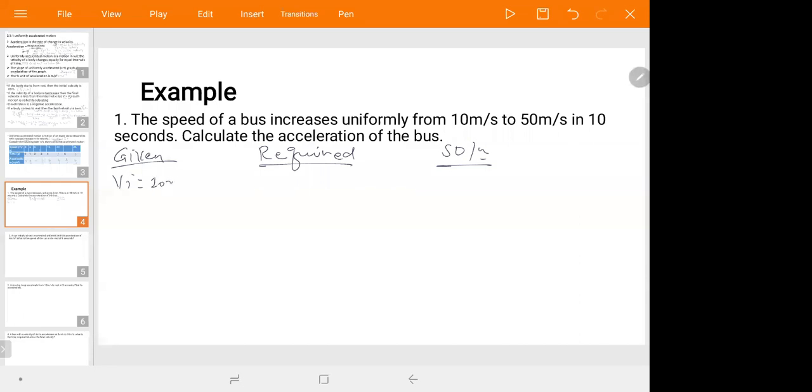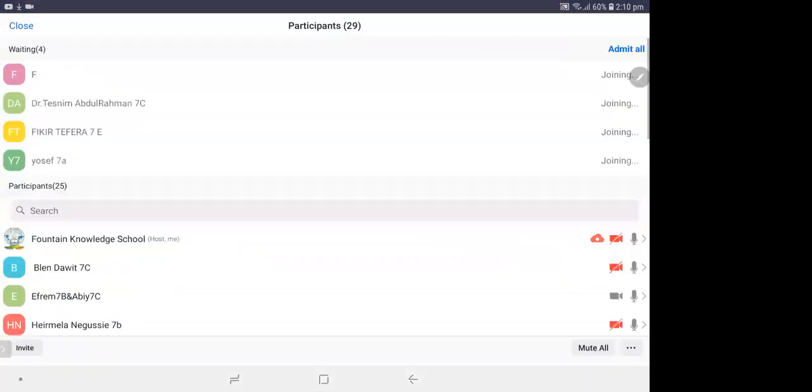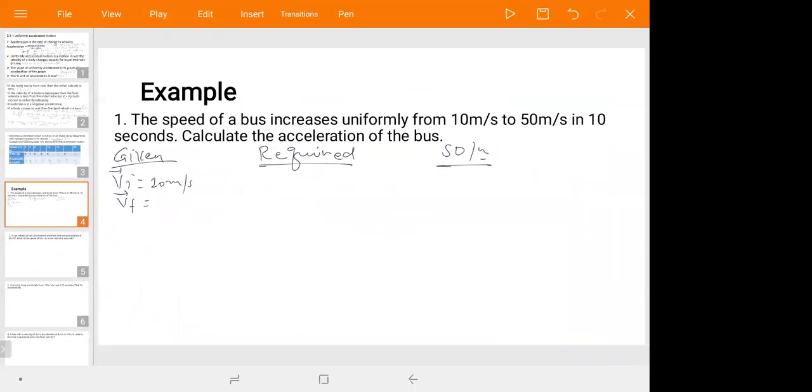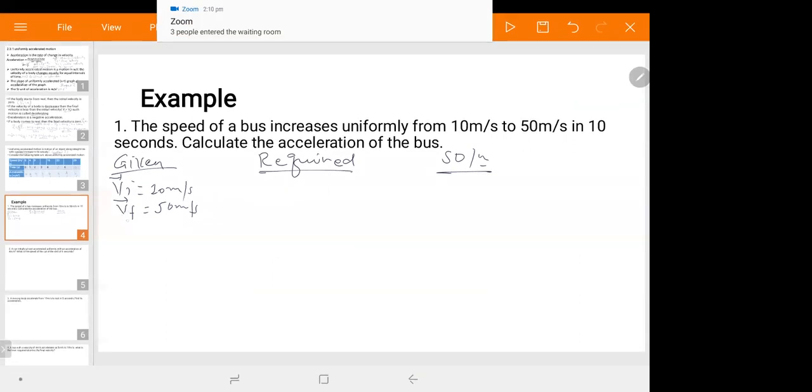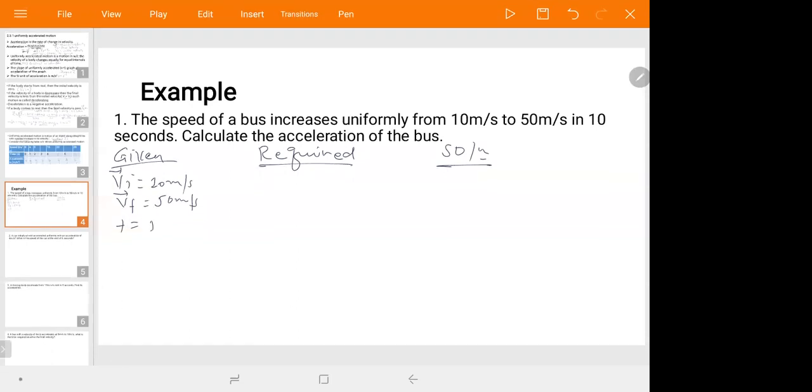The initial velocity is 10 meters per second, the final velocity is 50 meters per second, and time is 10 seconds. What is required? Required acceleration.